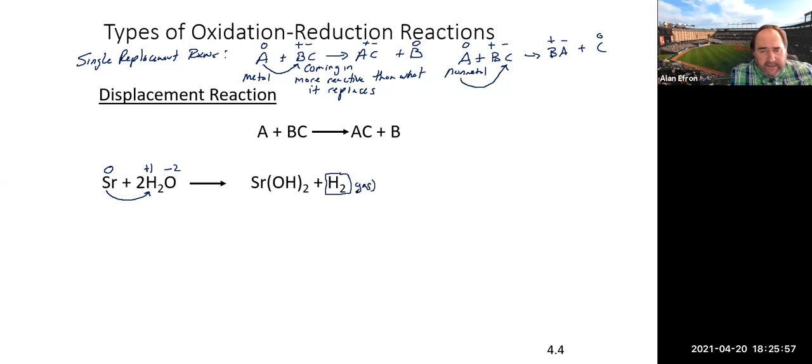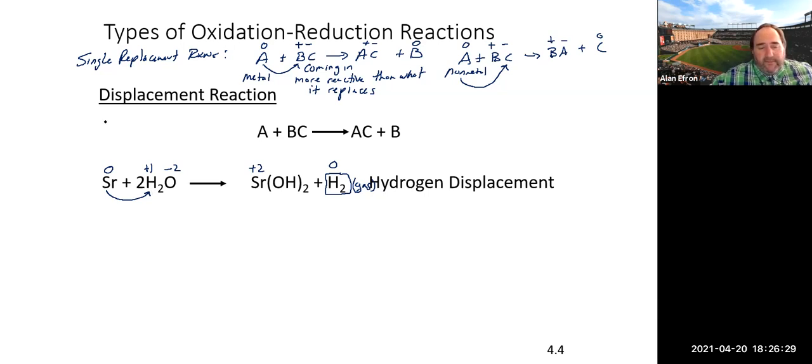That's the natural way hydrogen exists, and you would see bubbles as a result of this reaction. What is happening to our oxidation states? Strontium now becomes a +2, and hydrogen becomes a 0. This is sometimes referred to as a hydrogen displacement reaction, basically because we're kicking out hydrogen.